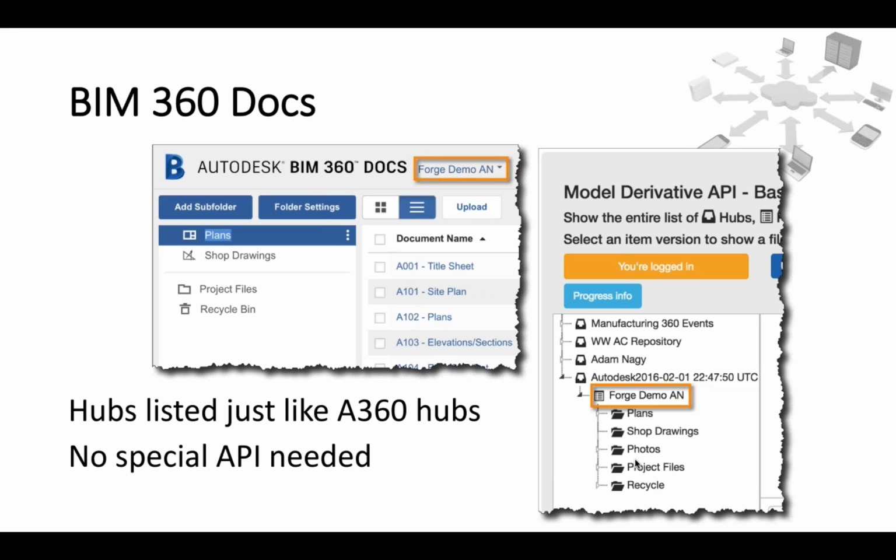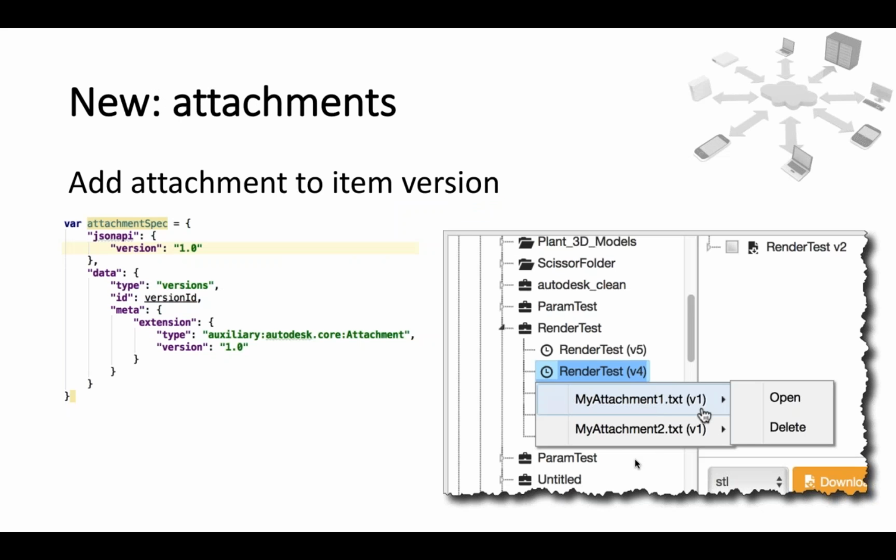So there is no specific API for BIM 360 Docs. It's just an extension of the data management API. And we also added an attachment feature, which allows you to link two versions of different items.